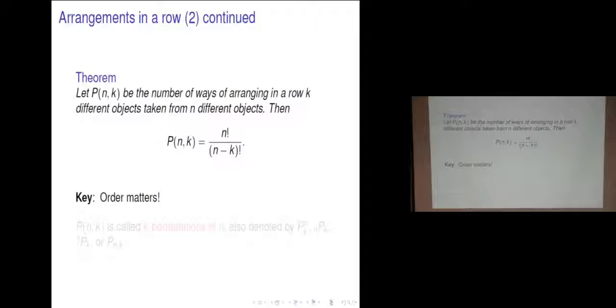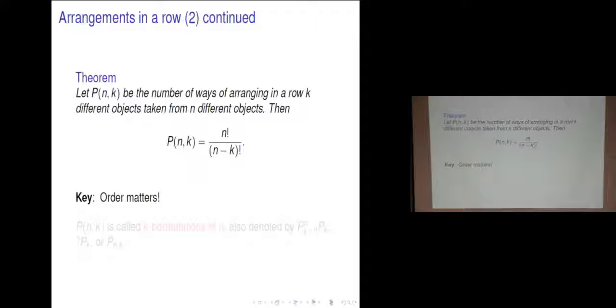Now, this arrangement, why do we say different objects many times? Because the order matters. If you swap the two objects, the arrangement is different. In a moment we'll see there's another thing we want to count where the order doesn't matter, but for this one, the order matters.